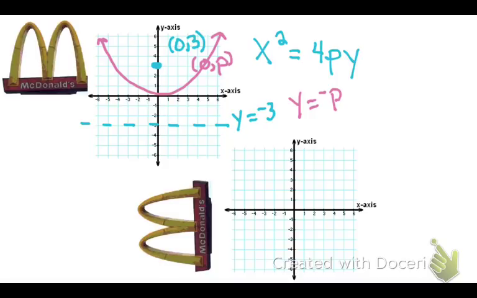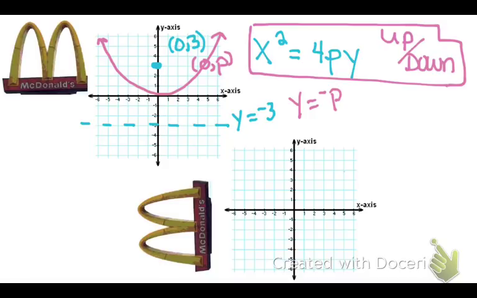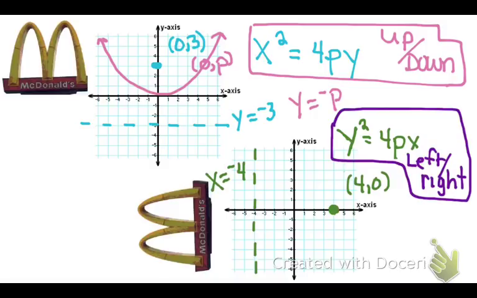Our equation for a parabola that opens left or right is going to be y squared equals 4px. So again, pause the video and write this formula down: y squared equals 4px, and that is for a parabola that opens left or right. In this instance, our directrix is x equals -p. That gives me this vertical line, and I chose an arbitrary point of x equals -4.